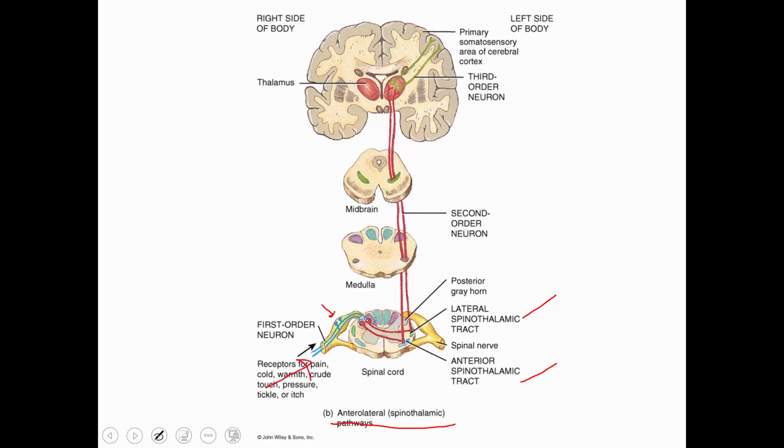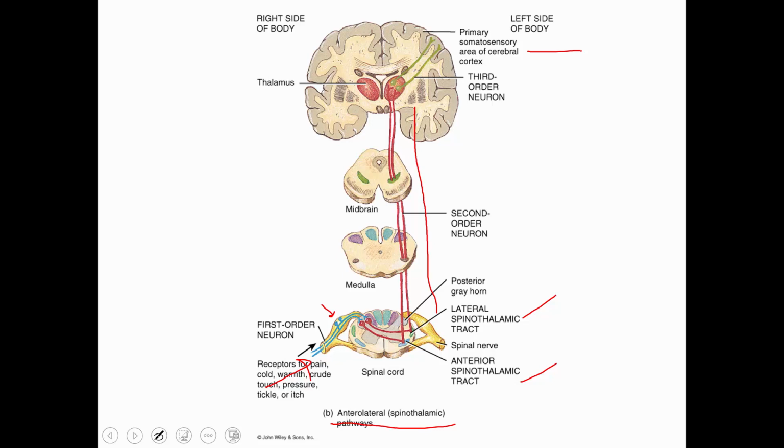There's the dorsal root ganglion. Synapses right away. It's going to synapse in the gray matter, cross. Some of them will be anterior, some of them will be lateral. They will rise on the contralateral side of the spinal cord, synapse in the thalamus, project to the somatosensory cortex, and then we'll know what it is.